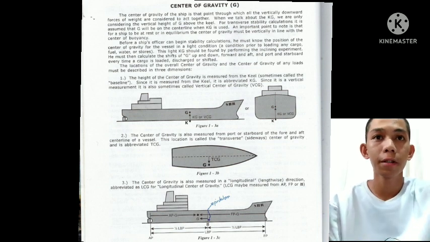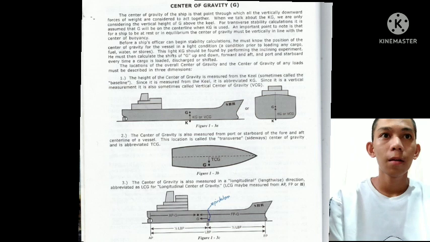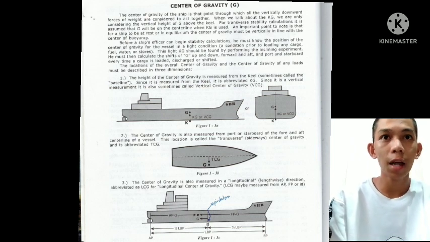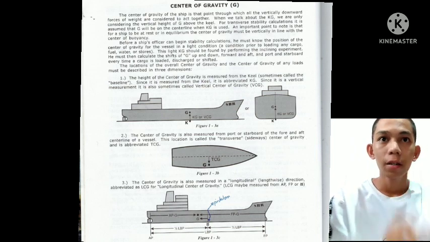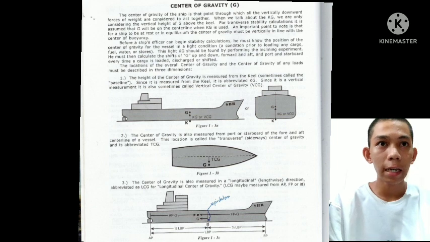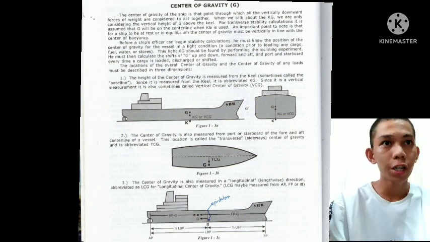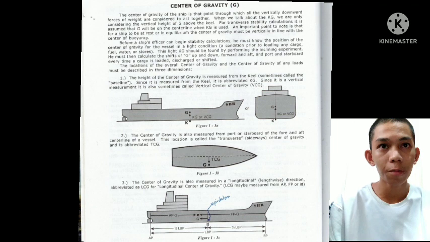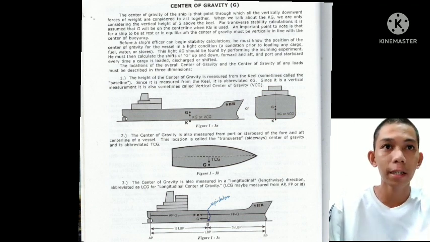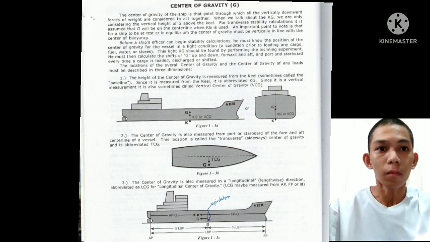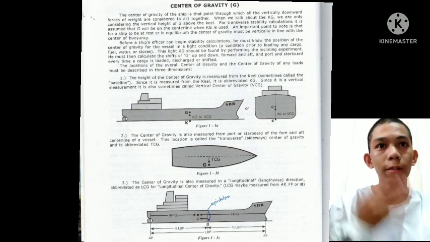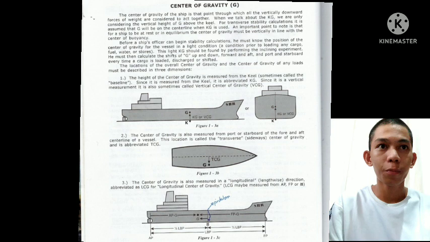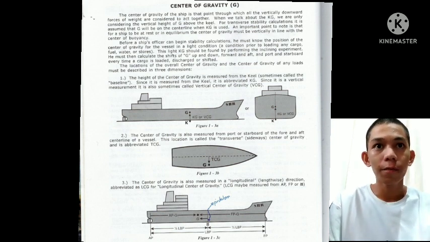Number 1, the height of the center of gravity is measured from the keel, sometimes called the baseline. Since it is measured from the keel, it is abbreviated KG. Since it is a vertical measurement, it is also sometimes called the vertical center of gravity. Number 2, the center of gravity is also measured from port or starboard of the fore and aft center line of the vessel.